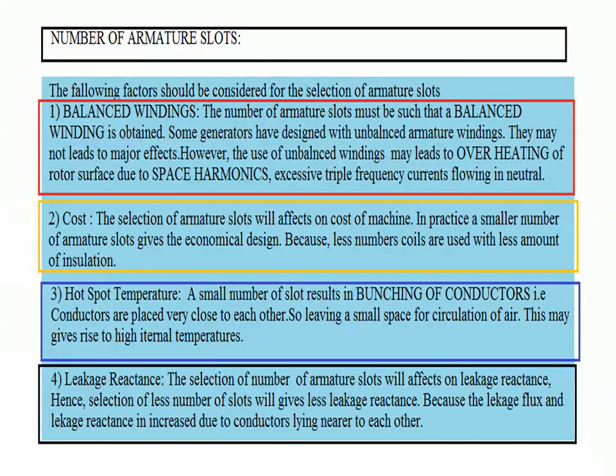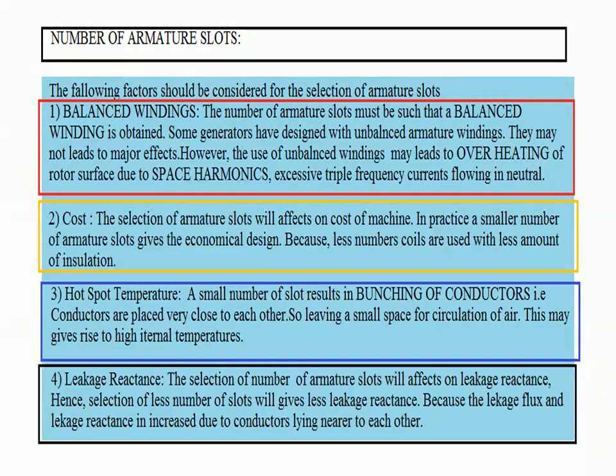Third one, hotspot temperature. A small number of slots results in bunching of the conductors, that means conductors are placed very close to each other. Hence, less space is available for circulation of air, which may result in the development of high internal temperature in the conductor, which is referred to as hotspot temperature.